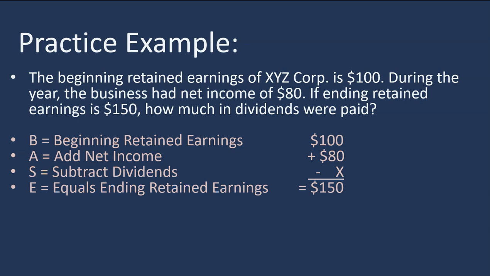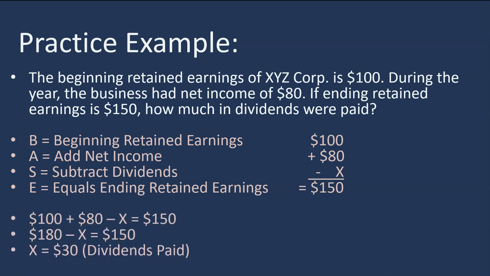So 100 beginning plus 80 net income minus the X unknown dividends will give us 150. We'll set up the basic algebraic equation here, and this will end up with a variable X equaling $30, which is the dividends paid. So this is a good practice example to walk through the BASE formula and also explain how the changes in the retained earnings balance accumulate over time and reflect both net income and subtracting out dividends.